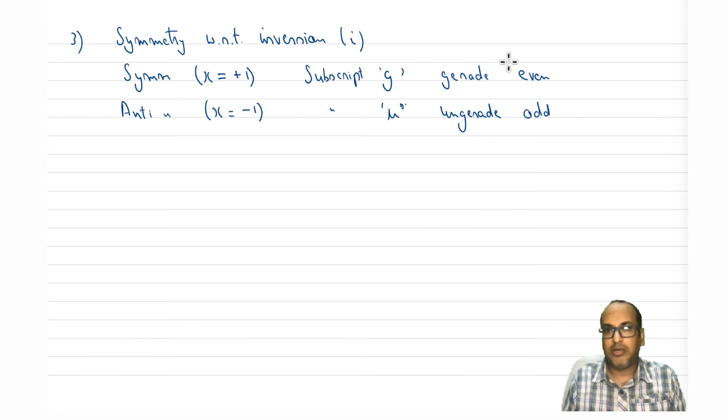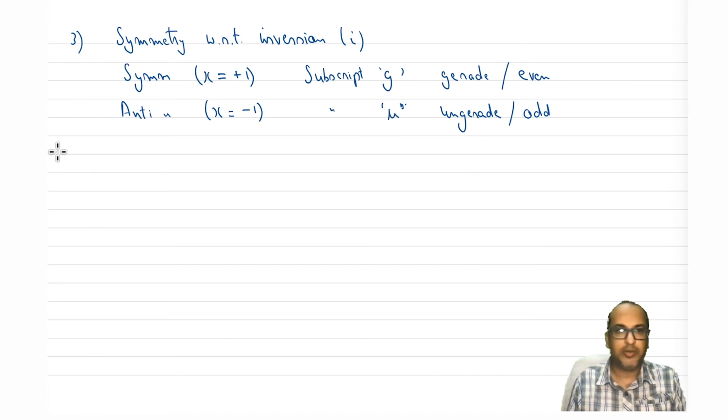You would have seen that in group theory or inorganic chemistry somewhere. So if it is symmetric with respect to inversion I, with +1 character, there goes a subscript G, otherwise it is U. For example, AG, AU, BG, BU, EG, EU, and so on. And this goes as a subscript.